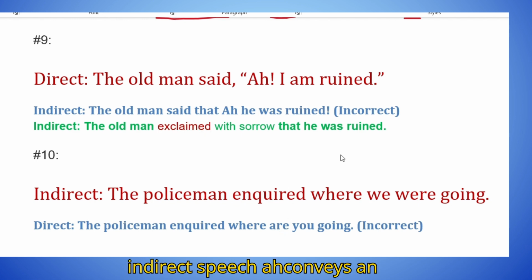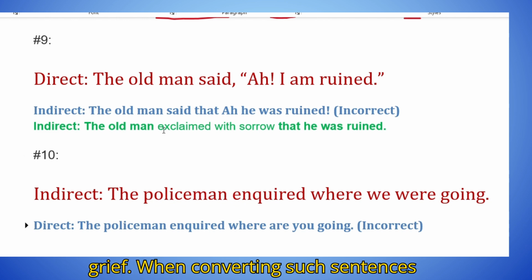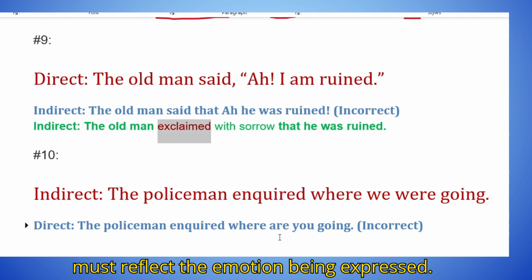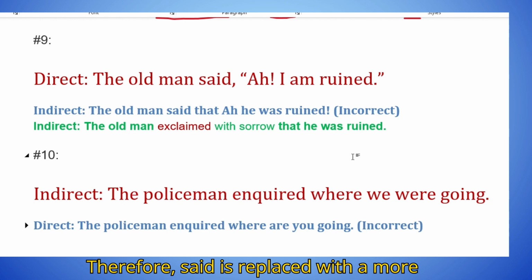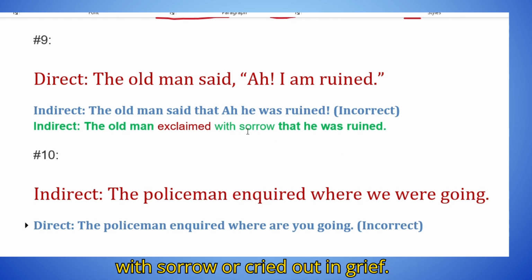Direct speech conveys an emotion, in this case sorrow or grief. When converting such sentences into indirect speech, the reporting verb must reflect the emotion being expressed. Therefore, "said" is replaced with a more appropriate reporting verb like "exclaimed with sorrow" or "cried out in grief."